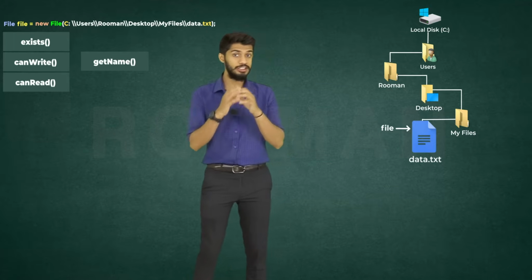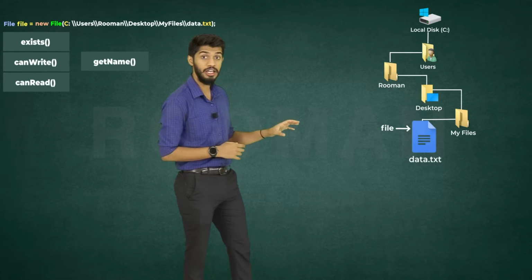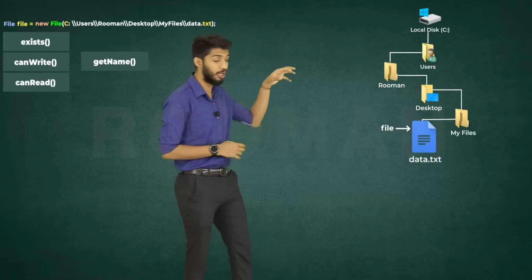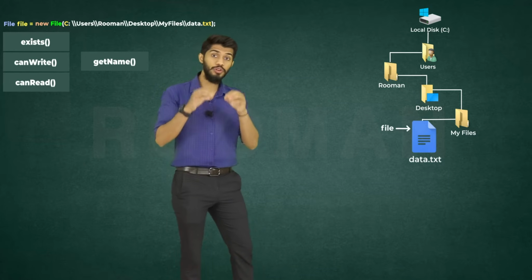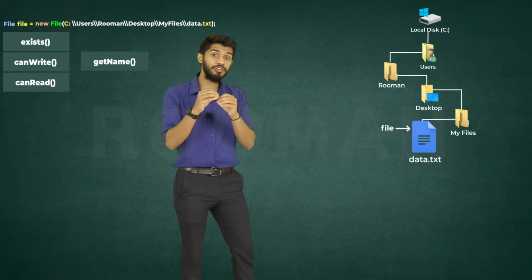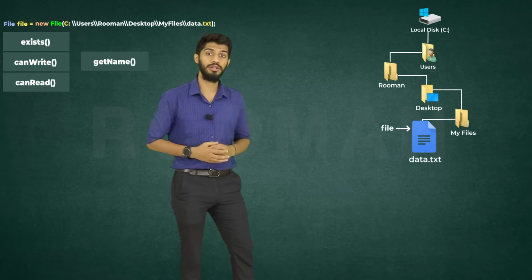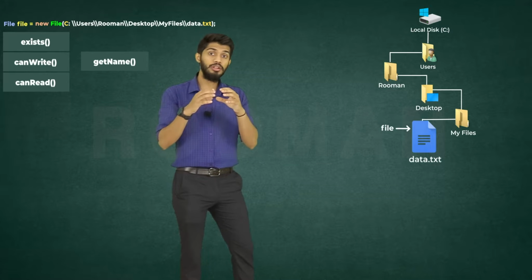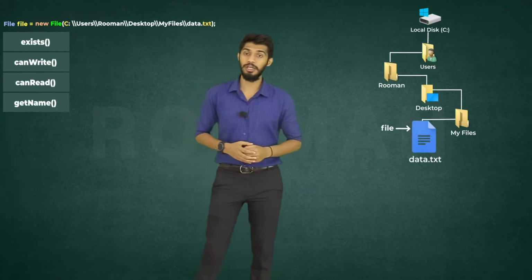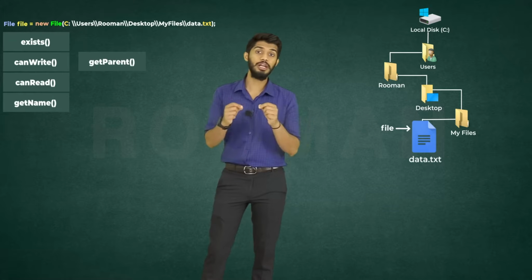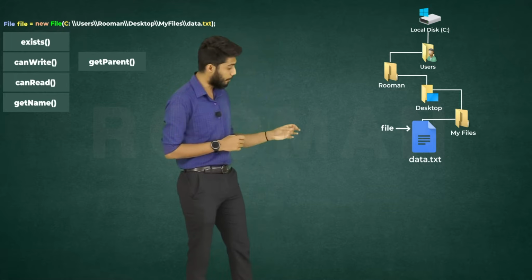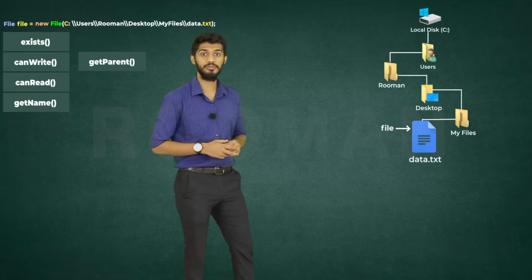Same way, for example, if this particular file is present inside one folder, and you want to get the name of the folder where it is present, you can get that as well. The name of that method is getParent. What getParent would do is get the parent folder of this.